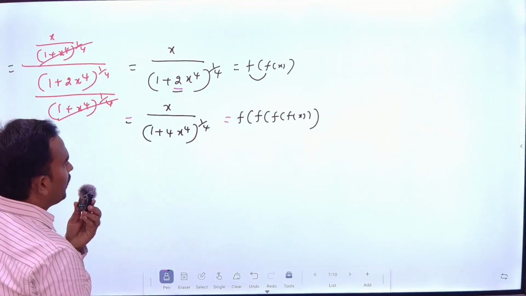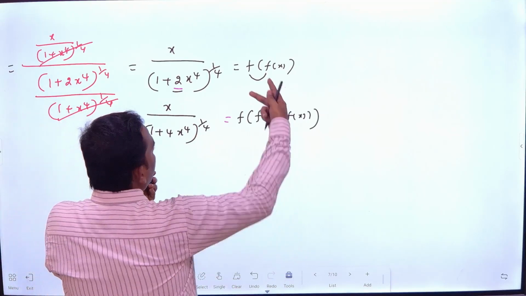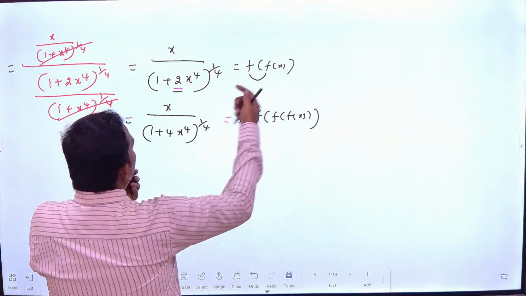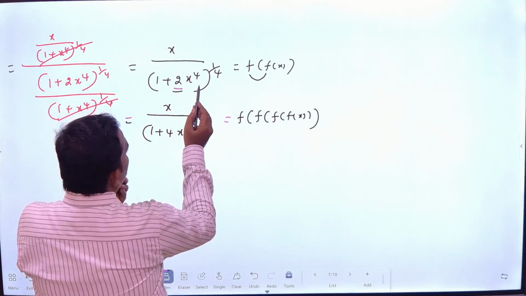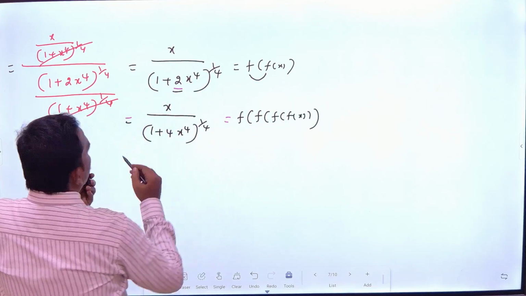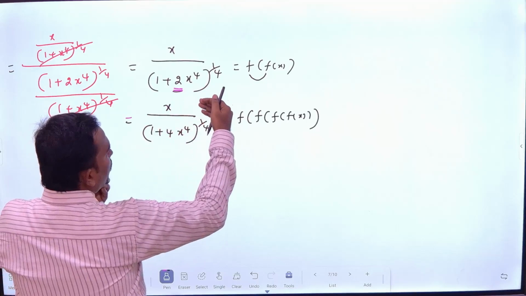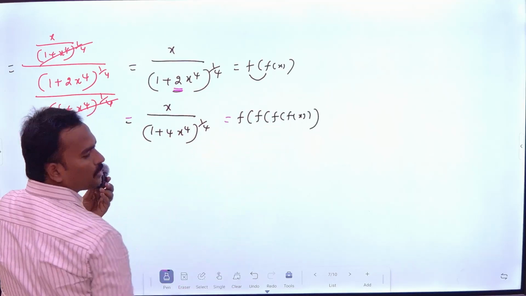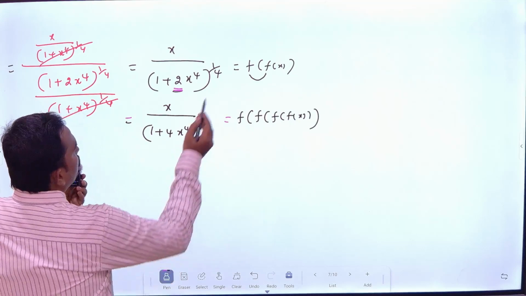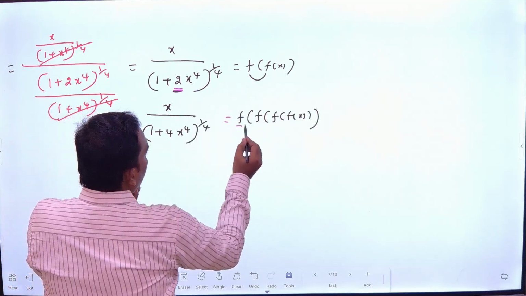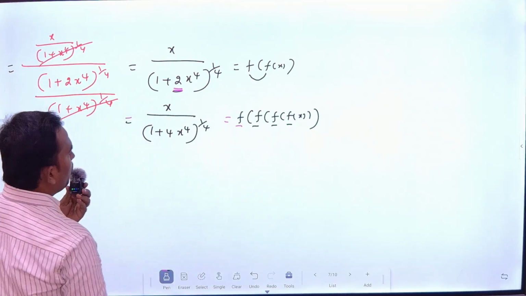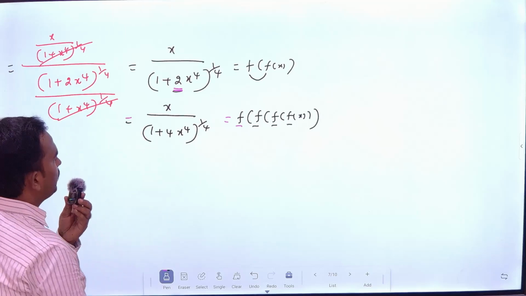With two compositions, 2 is there and nothing else changes. The same way you can proceed for 3 and 4 compositions: 4 means 1, 2, 3, 4, so 4 will be there.